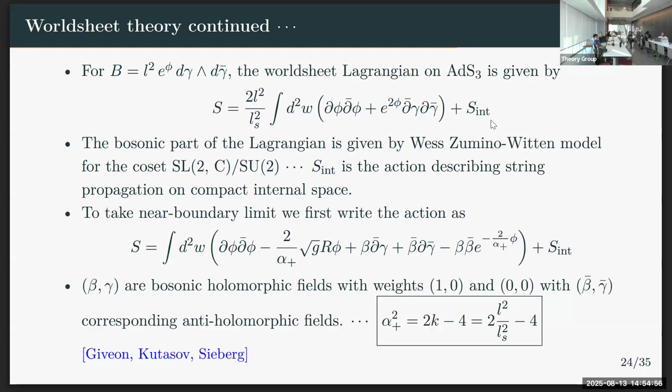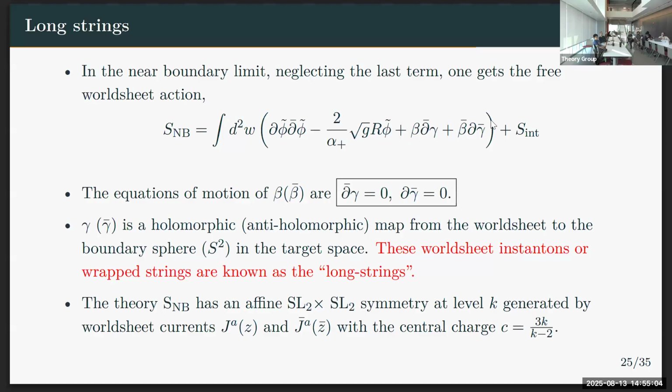So now one can clearly see that if I take phi tends to infinity, the last term drops away and you get this free action. And now the equations of motion for beta and beta bar are just del bar gamma equals 0 and del gamma bar equals 0, which says that gamma and gamma bar are holomorphic and anti-holomorphic maps from the Worldsheet to the boundary sphere.